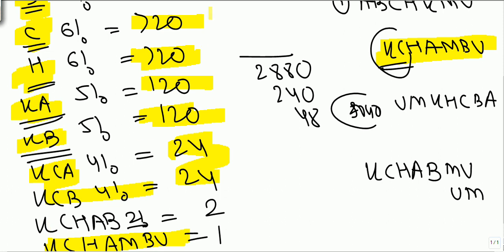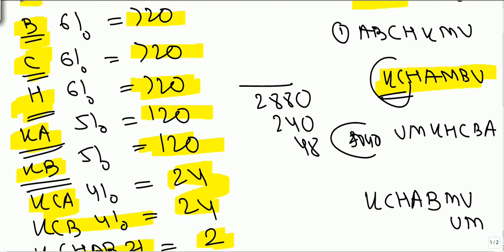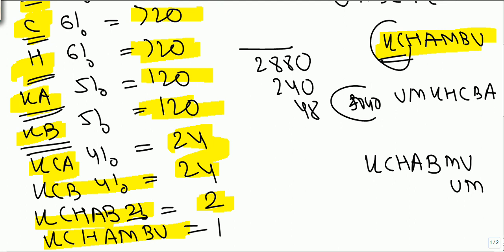What we need is KCH, but first we will get KCHA. We do not need all KCHA, because we need to go only up to MBU. So first we'll be getting KCHAB, 2 things at 2 places, 2, and then these 2 and this 1.